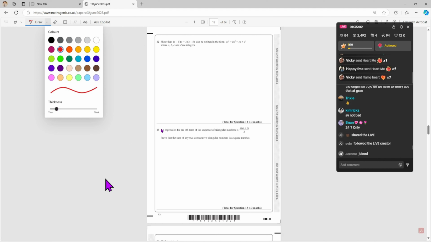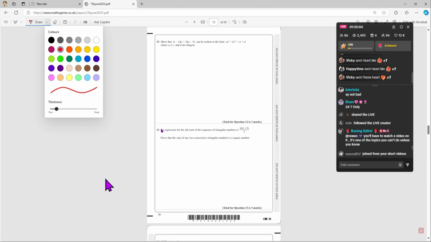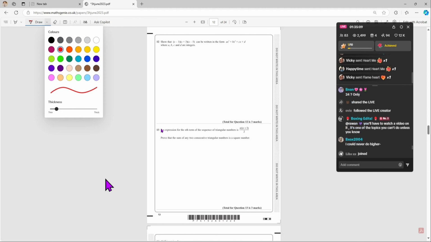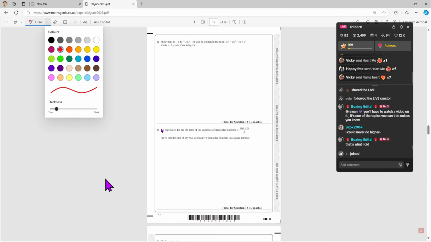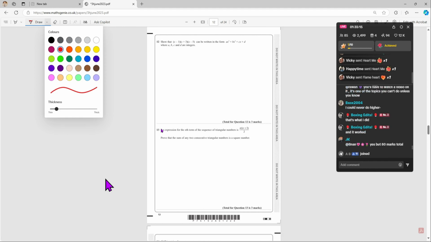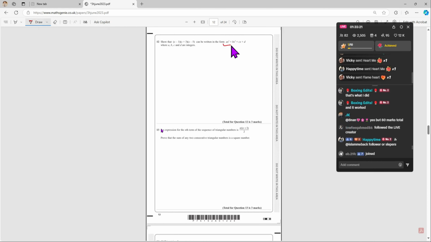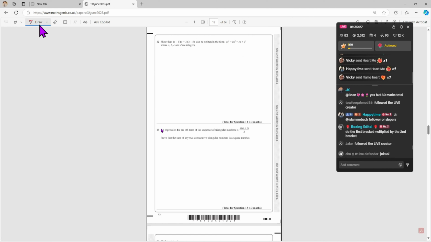So we have to show that (x minus 1)(x plus 3)(x minus 5) can be written in the form ax cubed plus bx squared plus cx plus d, where a, b, c, and d are integers. Whenever we have this form, it is very common, it means you just have to expand this triple brackets.